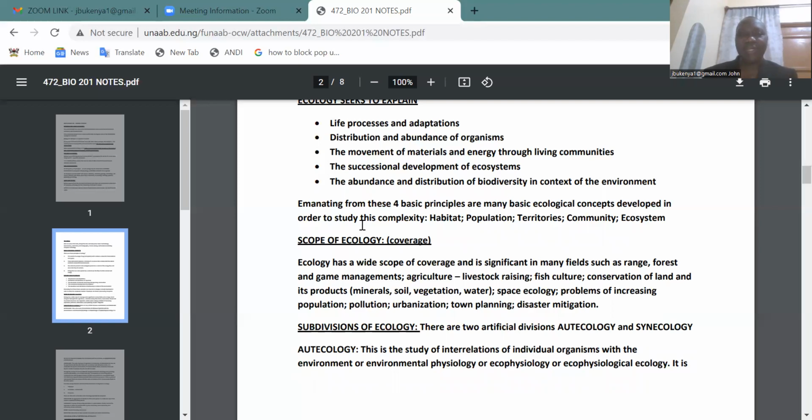So as a result of these four basic principles of ecology, there are many other ecological concepts that have emerged, such as the concept of habitat, which describes the specific area where an organism lives, the area occupied by plants and animals and other organisms. And within a habitat, we find a specific location.